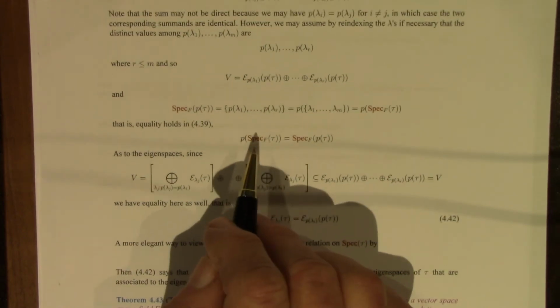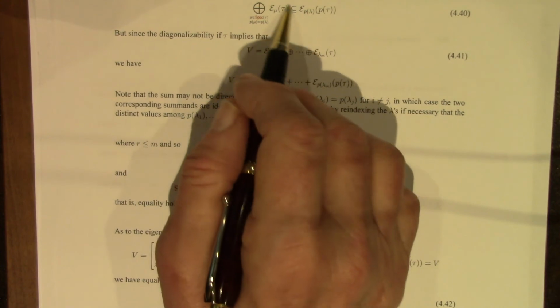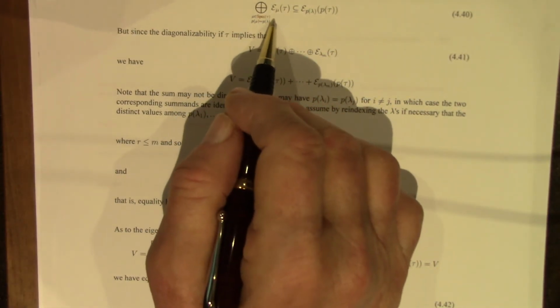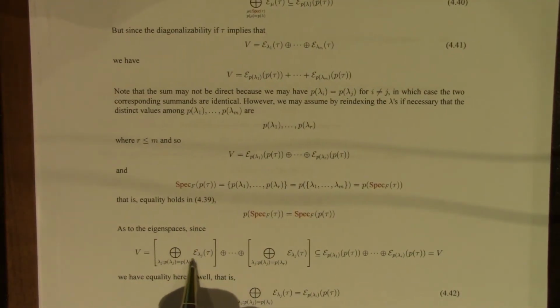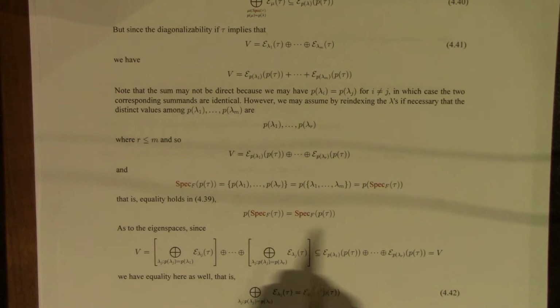As for the eigenspaces, if we again take direct sum of these direct sums, that's the sum over all the eigenspaces.